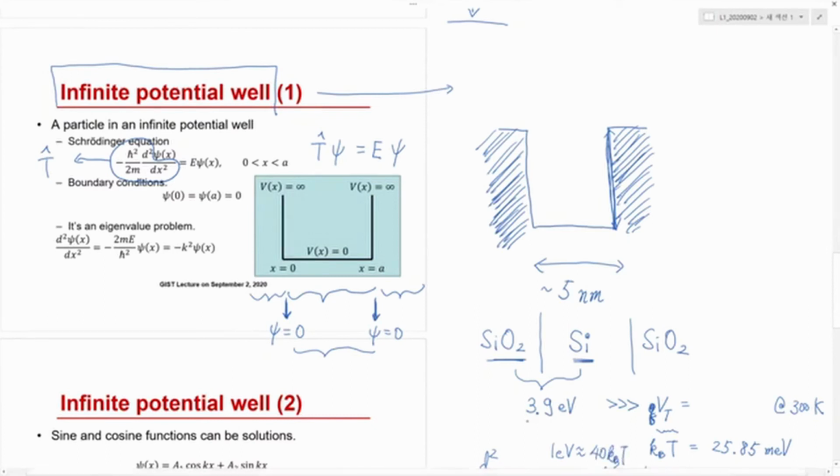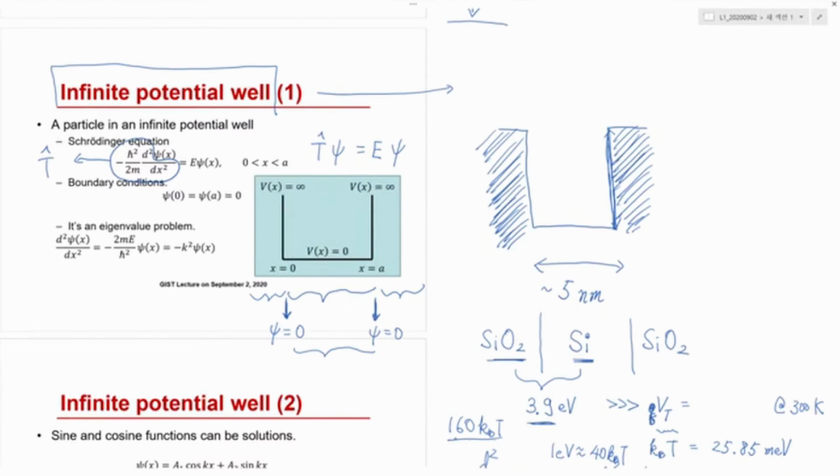So in this case, 3.9 electron volt is roughly about 160 thermal voltage. Therefore, usually we have an exponential function for this energy scale. So exponential minus 160 is involved for the tunneling probability into the silicon dioxide layer from the silicon layer.